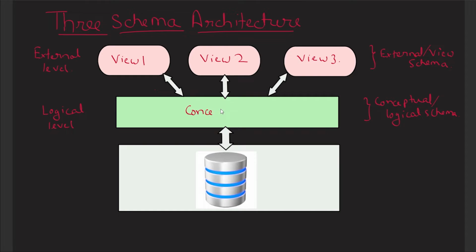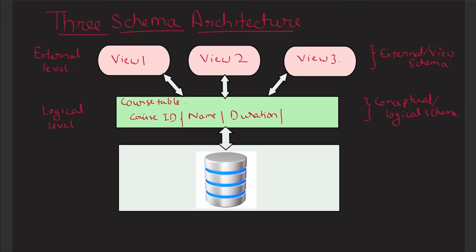conceptual schema. Now suppose there will be a course table. Now how will its schema be represented in the conceptual schema? It represents the attributes that are associated with the table. So suppose there are course ID, name and duration.